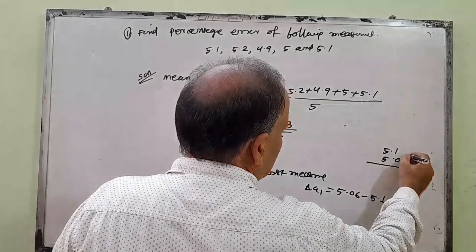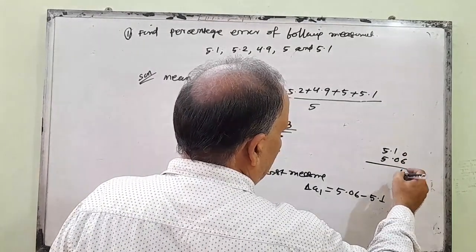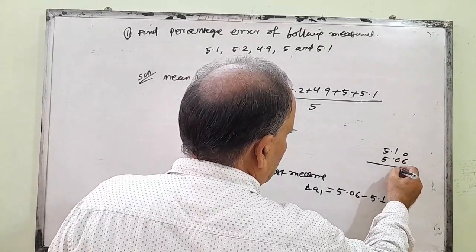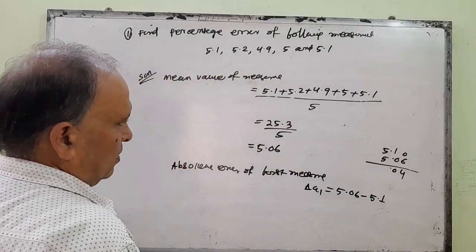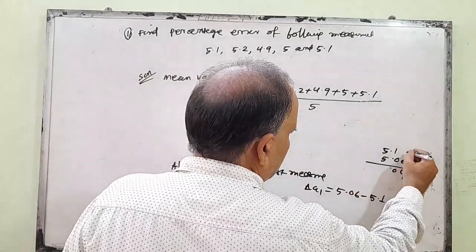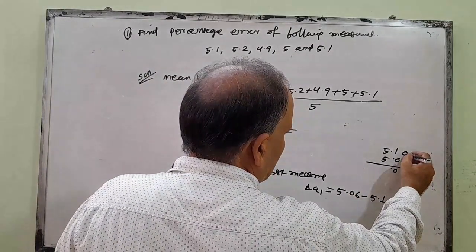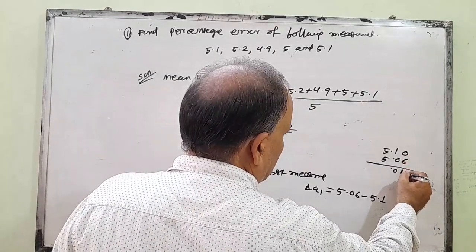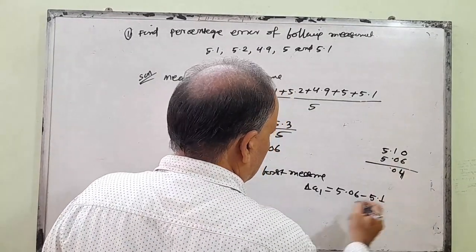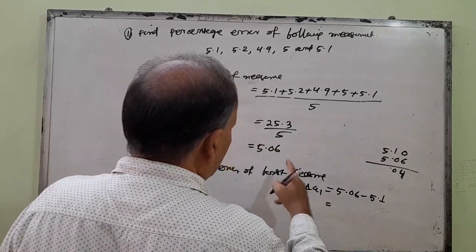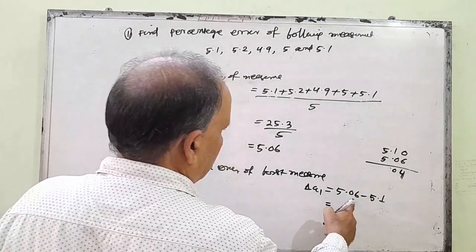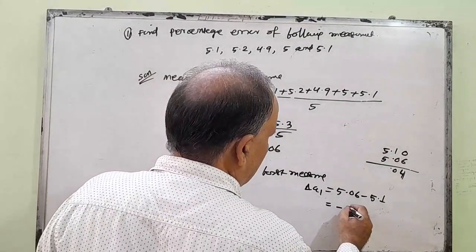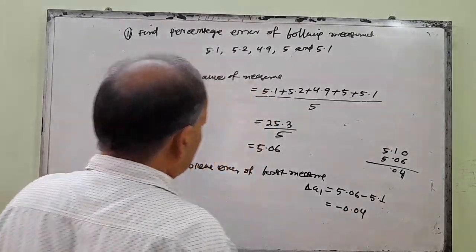Which is greater? 5.06, 5.1, so minus 0.04.